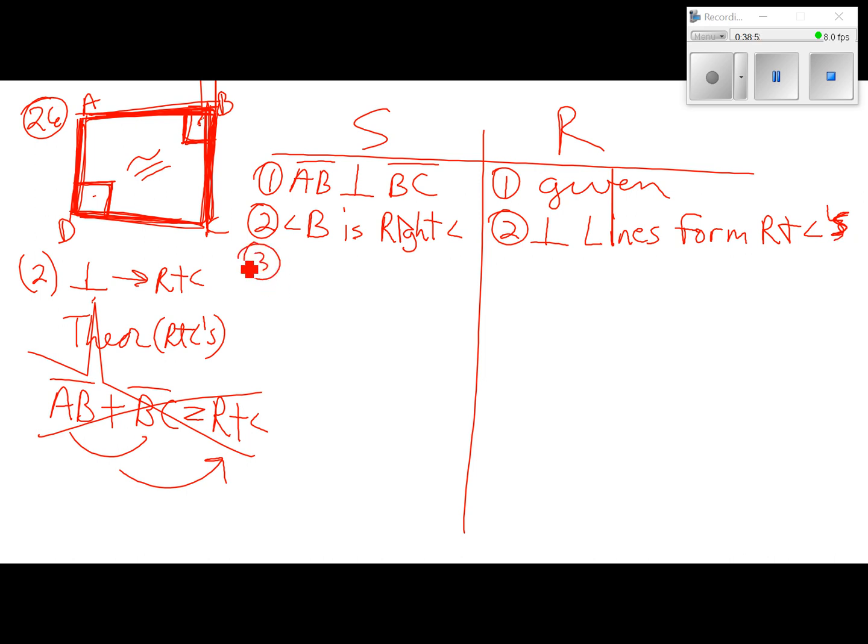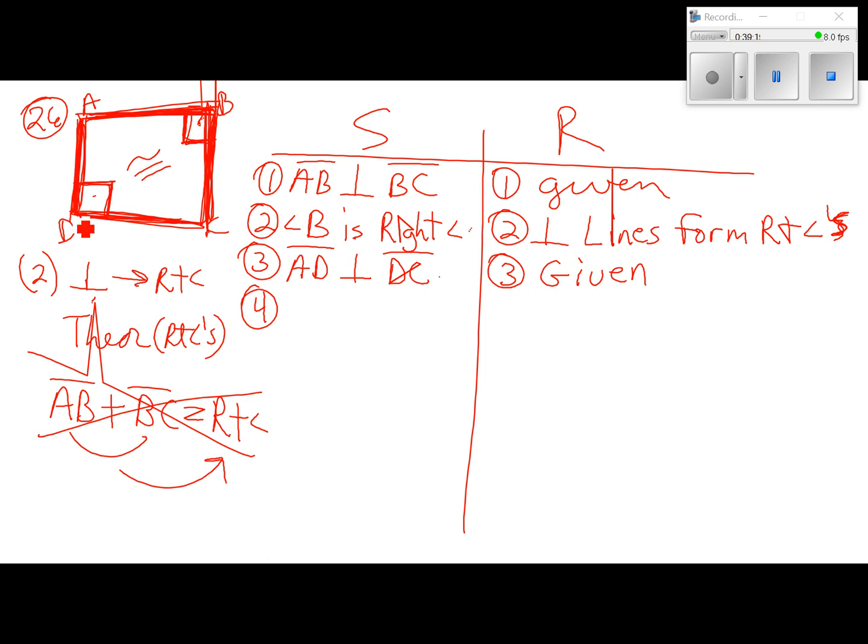Then we go on to the next given, and the next given said that segment AD was perpendicular to segment DC, and that was given to us. And same idea as in number 2.